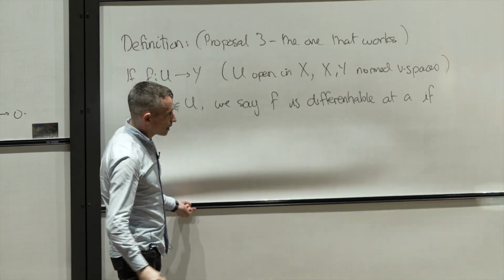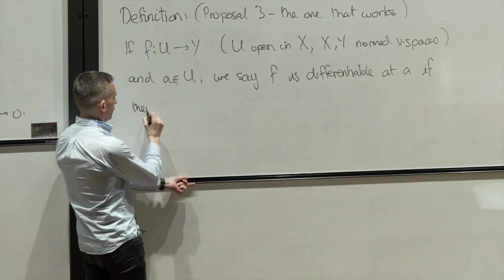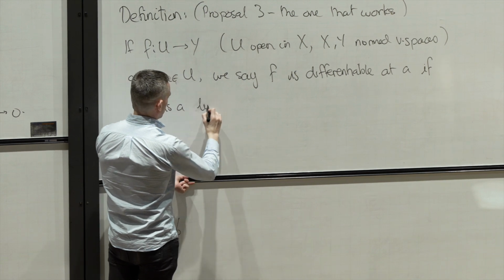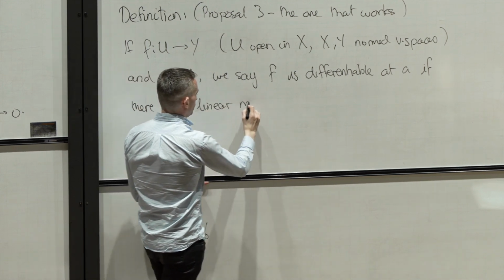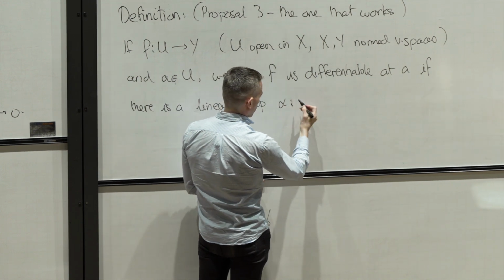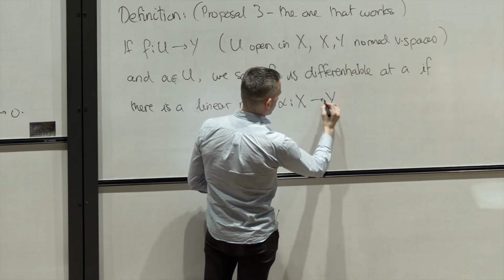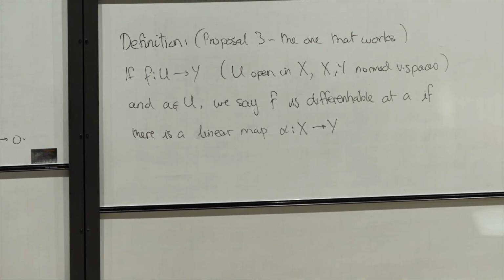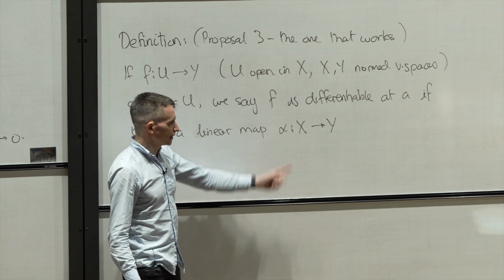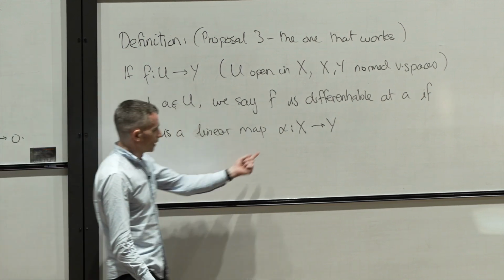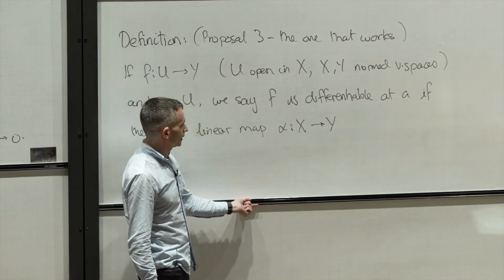if there's a linear map, let's call it alpha, from X to Y. Strictly speaking, if we were working in infinite dimensions, I would say here continuous linear map, but I only care about finite dimensions in this course, and then all linear maps are automatically continuous.